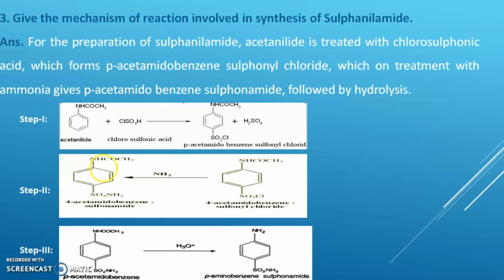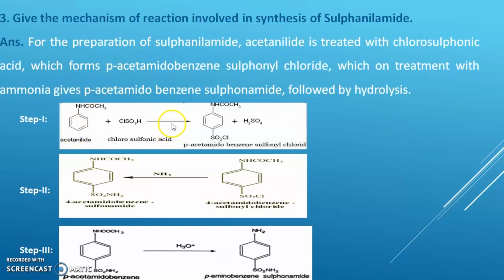The next question is, give the mechanism of reaction involved in the synthesis of sulfanilamide. So here, for the preparation of sulfanilamide, acetanilide is treated with chlorosulfonic acid, which forms para-acetamidobenzene sulfonyl chloride, which on treatment with ammonia gives para-acetamidobenzene sulfonamide, followed by hydrolysis. In the previous question, we saw only the reaction.